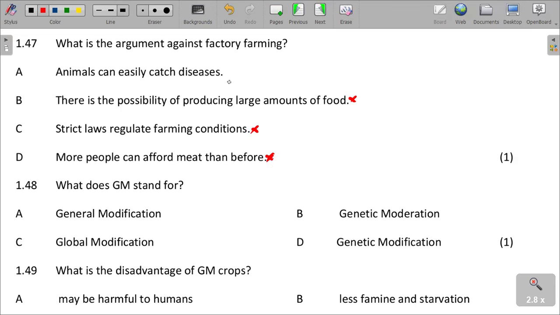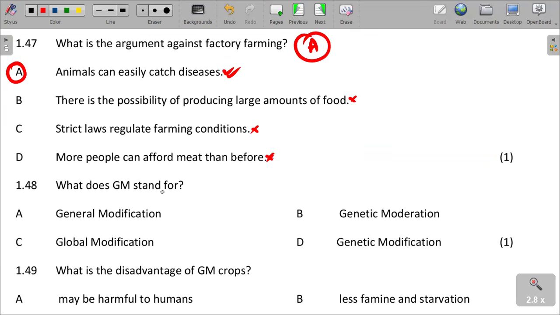It's not a problem. So animals can catch diseases. The over-congestion of animals in a small space can result in the animals contracting diseases, and therefore it's a problem of factory farming.